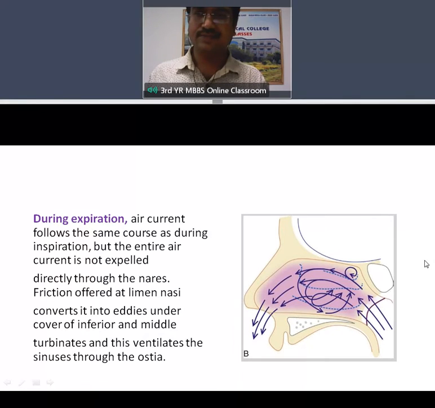So there is a reversal of the nasal expiratory air, called eddy currents. That eddy current air will ventilate the paranasal sinuses through their natural ostia.